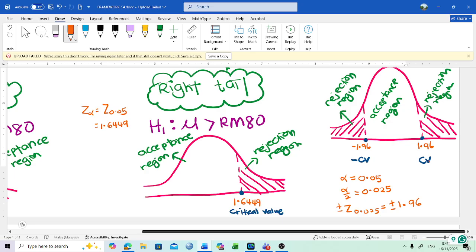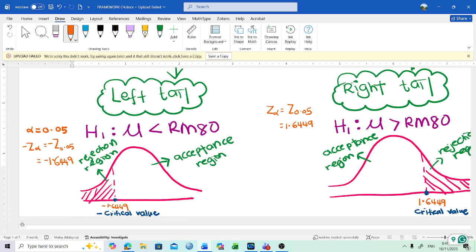So how do we decide whether to reject or not reject the null hypothesis? Later, you will calculate the test statistic, TS, according to its case, whether the population variance is known or unknown. For example, I start with the left tail first.